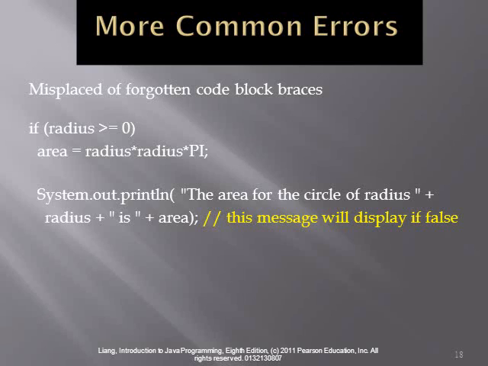However, if radius is negative, only the calculation is skipped. The program will then display the message for area. It's a good idea always to remember to use the code block braces with your Boolean statements.